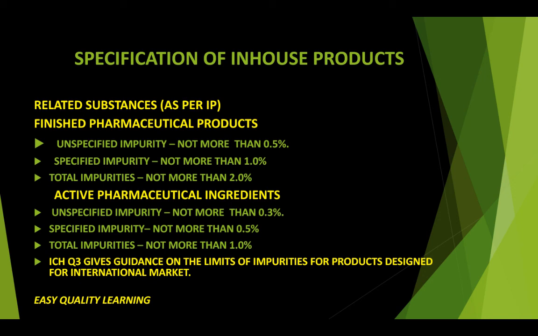All these are given in the general chapters of Indian Pharmacopoeia, and if our product is in-house we can apply these limits. Then ICH Q3 gives guidance on the limits of impurities for products designed for the international market. If we are going to export to other countries, then the impurity guidance document, which we discussed earlier, should be referred from the Q3A, B, C and D guidance.